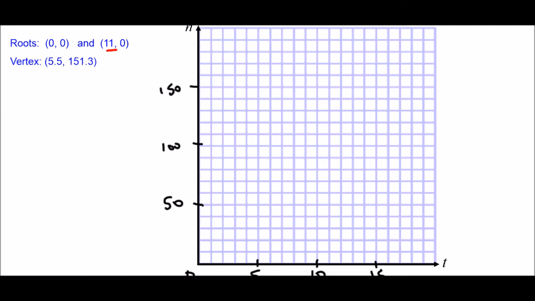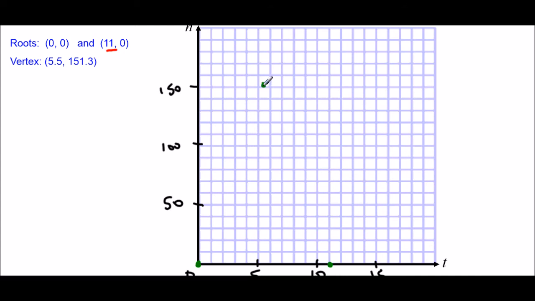So what points do we have? We know that (0, 0) and (11, 0) are the roots, and we know that the vertex is at (5.5, 151), so just past here. And now I just have to draw a decent parabola. Now this is a really hard thing to do with my tablet.